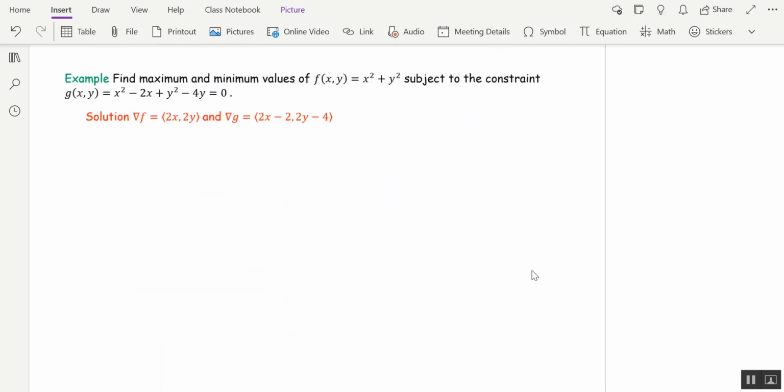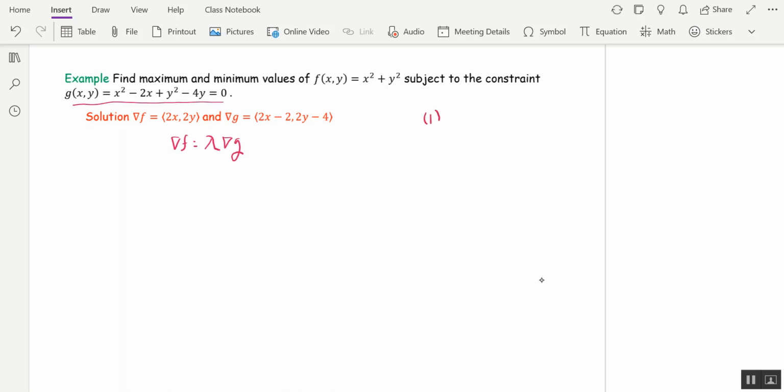Okay, let's do one more. Here we want to find the max and min of x squared plus y squared subject to this constraint. And again, there's 2 equals in that equation. So they all start out the same. You find del F and you find del G. And then we're going to set del F equal to lambda del G. That's going to give us 2 equations.